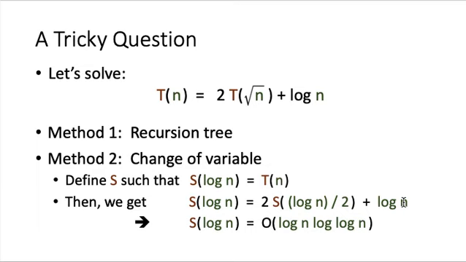So the solution is S of m is equal to m log m, or S of log n is equal to big O of log n times log log n. And S of log n is nothing but T of n. So we find that T of n is big O of log n log log n.